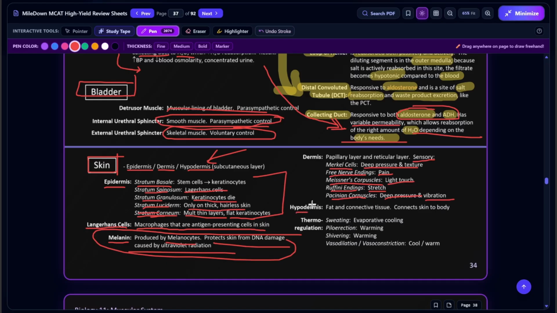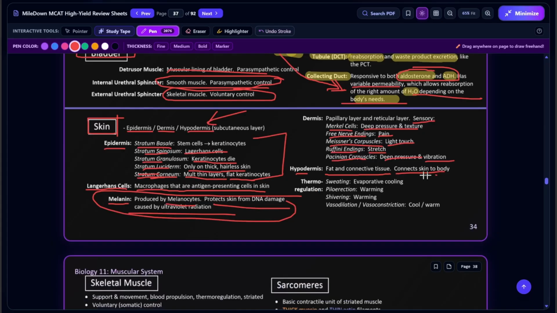The hypodermis has fat and connective tissue and connects your skin to the body for thermal regulation. Your skin is part of thermal regulation because you can have sweating, which is evaporative cooling. Basically, water is exiting your body, and it's taking heat out of your body with it. Then piloerection, another way of saying goosebumps, is for warming.